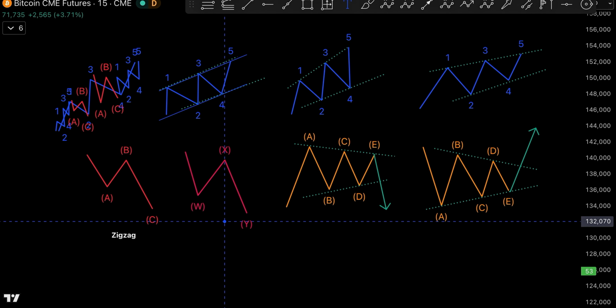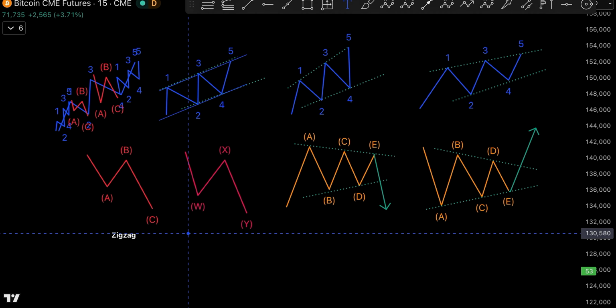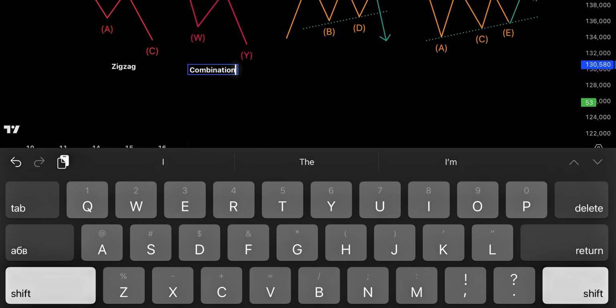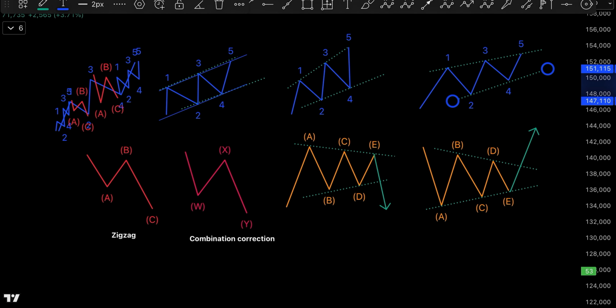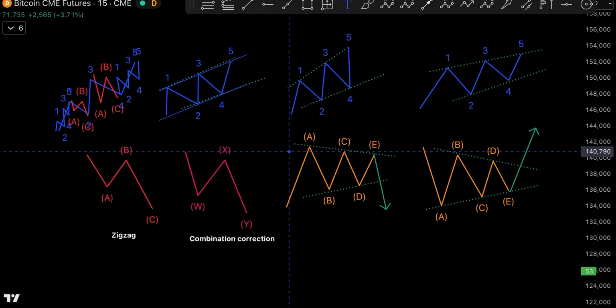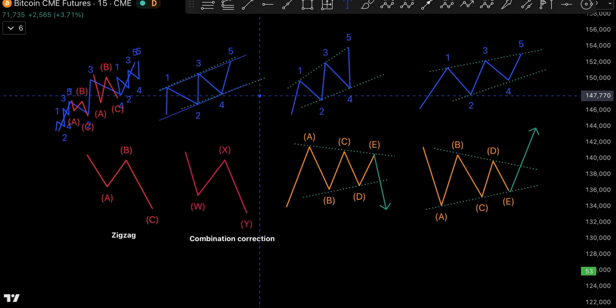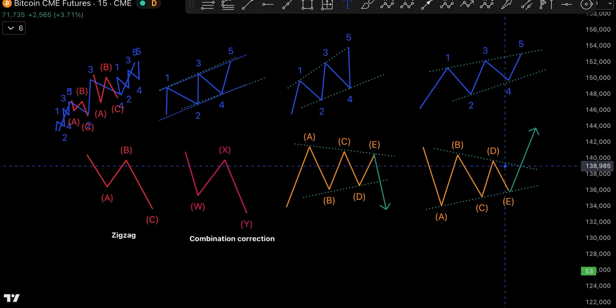So let's name this, and then let's name this one. These both are triangles. Usually this is a bearish triangle and this is a bullish triangle, so I'm going to just name it as triangle.